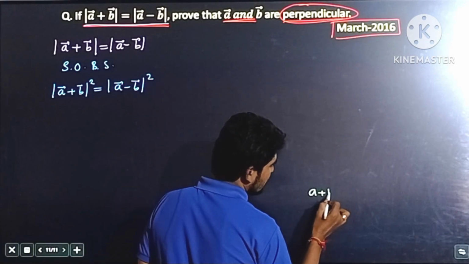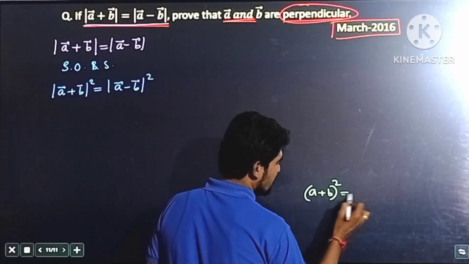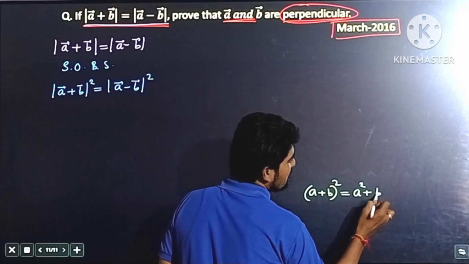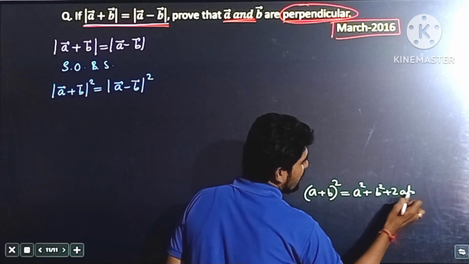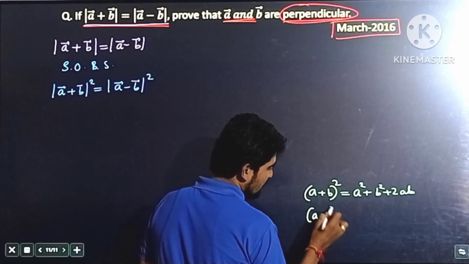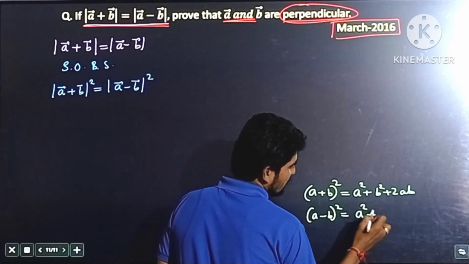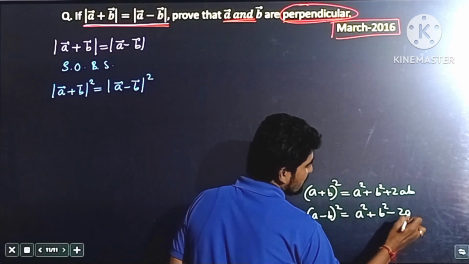A plus B whole square is equal to A square plus B square plus 2AB, and A minus B whole square is equal to A square plus B square minus 2AB.